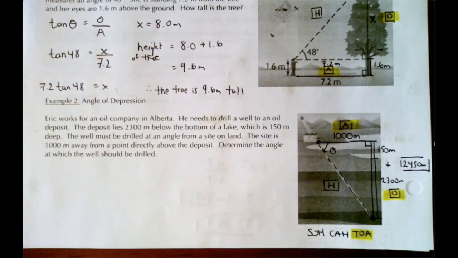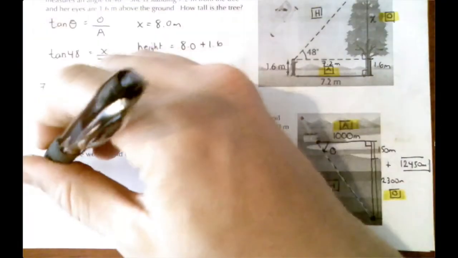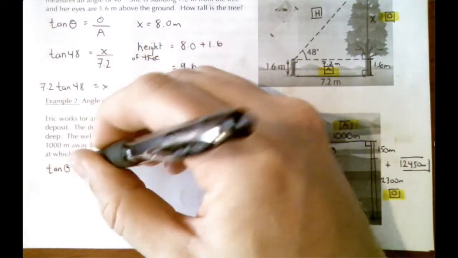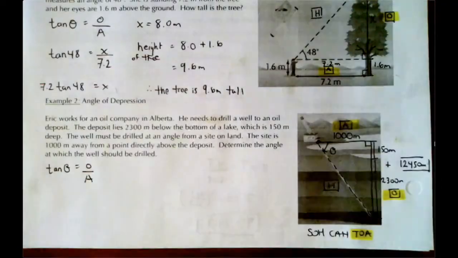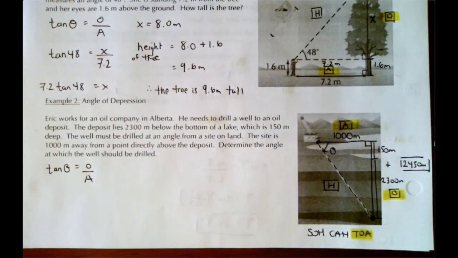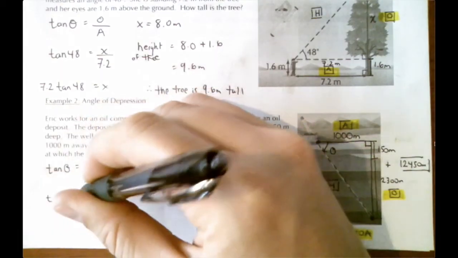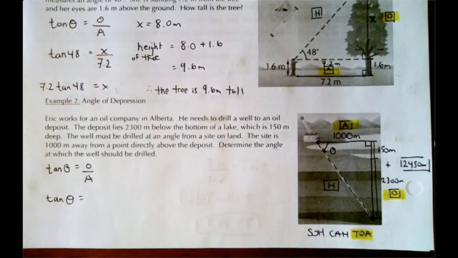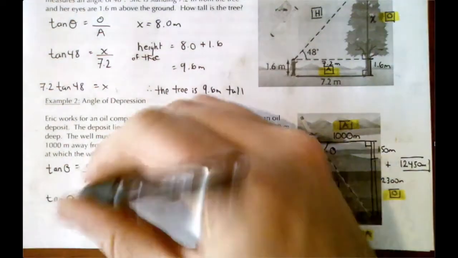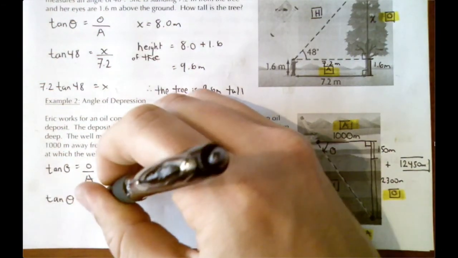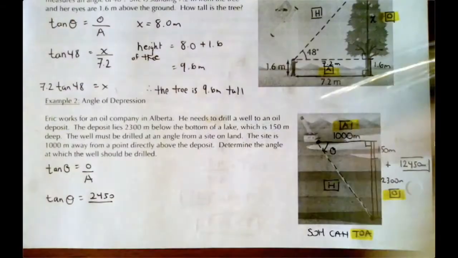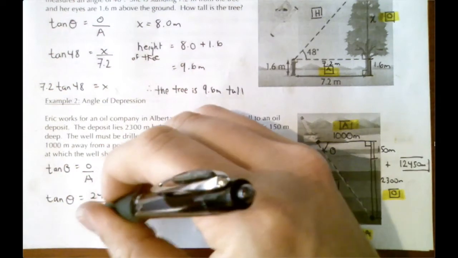So we can use our tan equation again. Our tan equation is tan theta equals O over A. At this time, we're looking for the angle. So we get tan theta equals opposite 2,450 over adjacent 1,000.